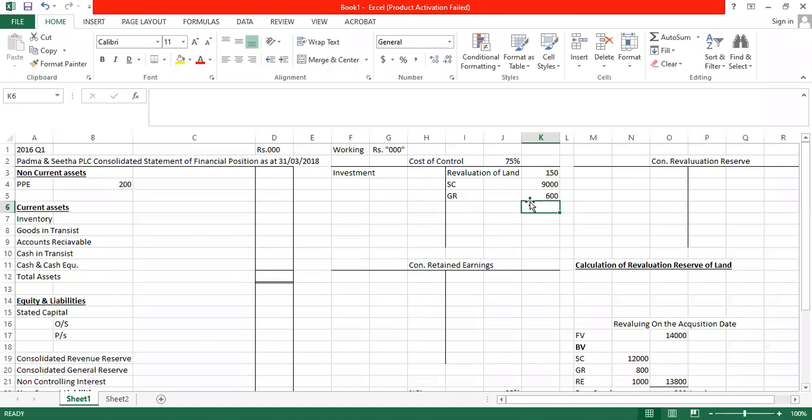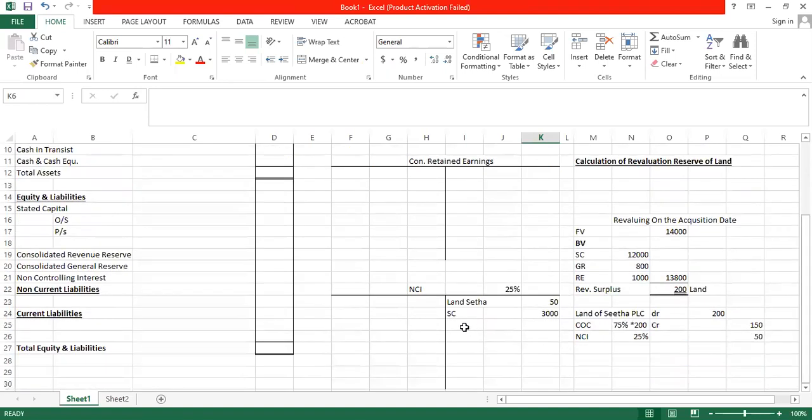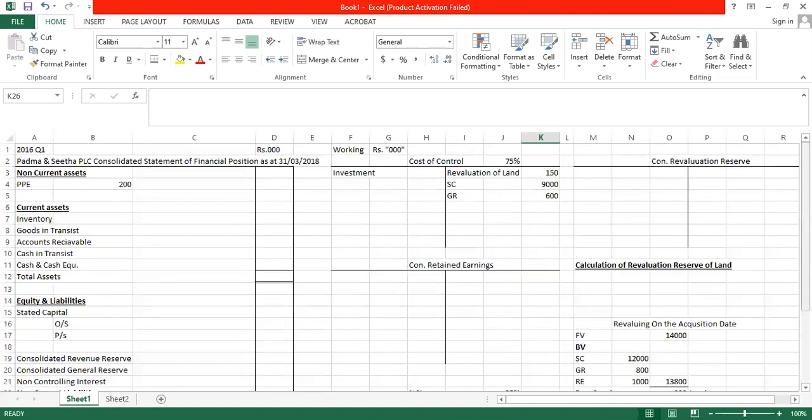From that 800, we own only 75%. So 600 you credit to your cost of control. On the other side, you can put the other part of the general reserve, from the 800, 25% is 200. It's credited to non-controlling interest, right?